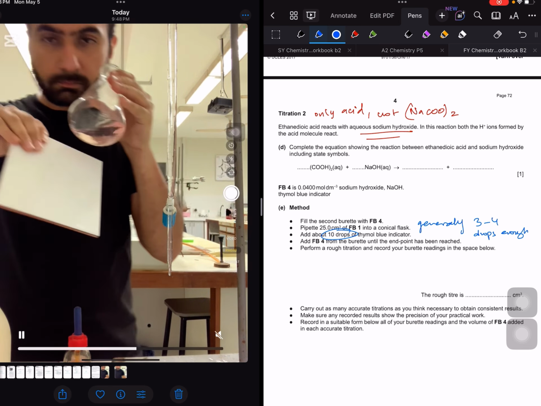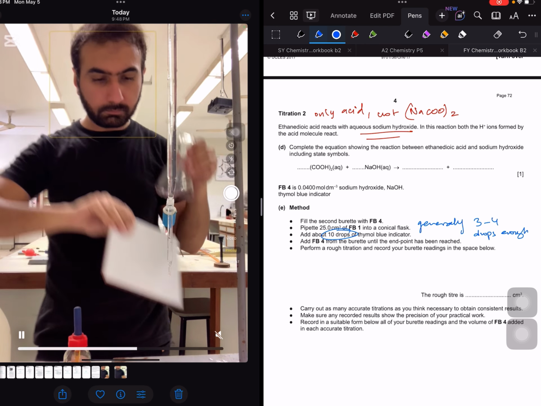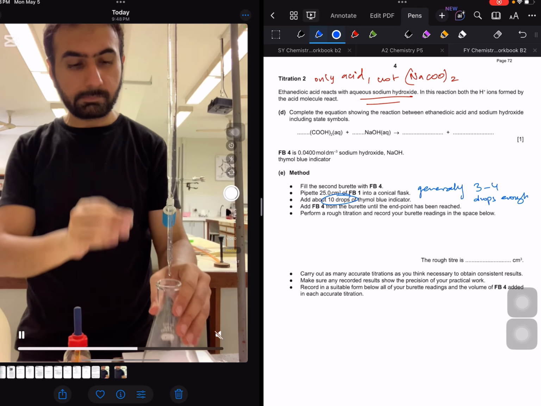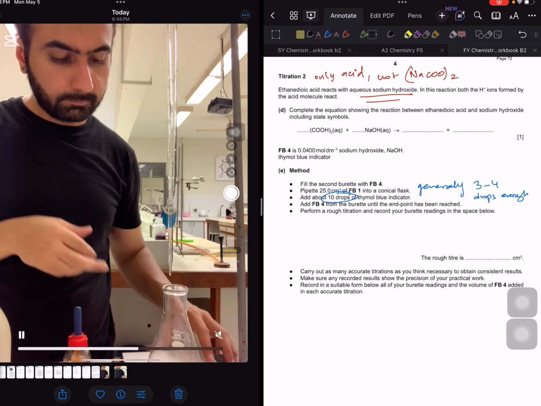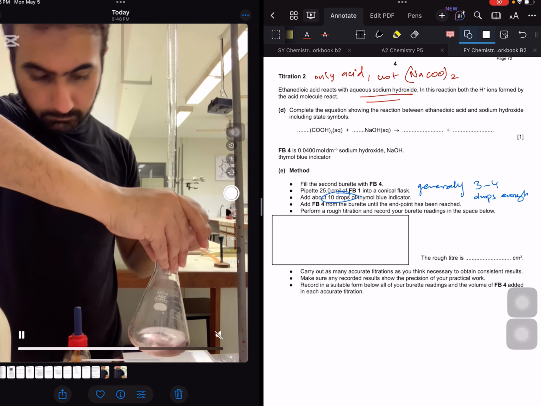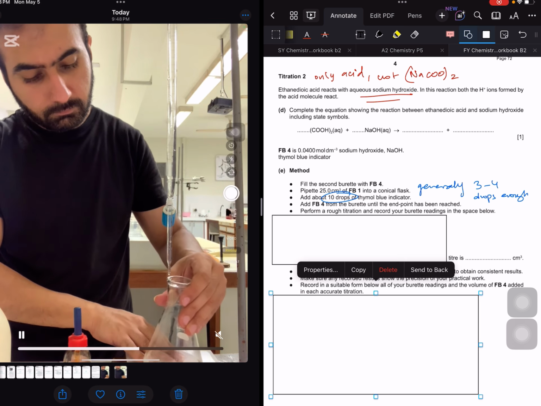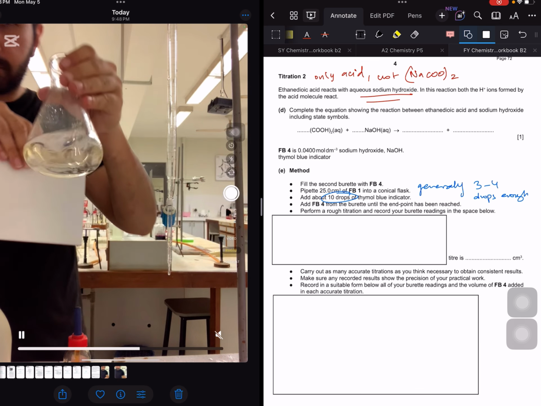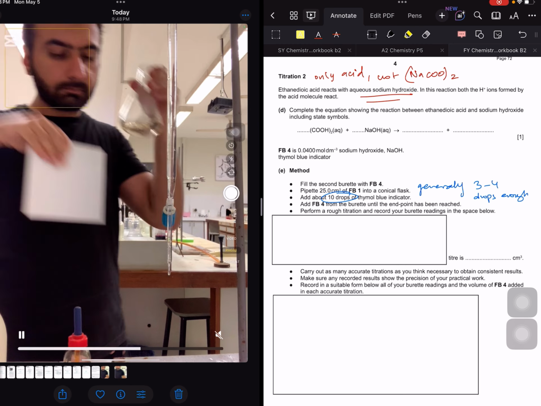White tile is generally added to see the color change properly. Now you can see it is in a light pink color. The same table will be drawn here also. I'm just going to copy my readings. You can see the color change happening on the left hand side.